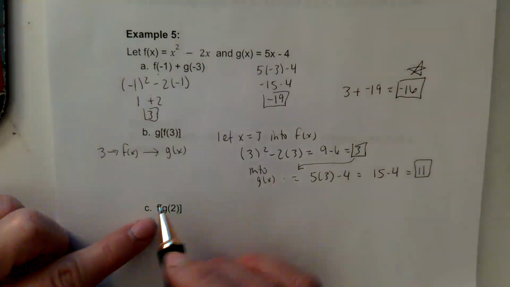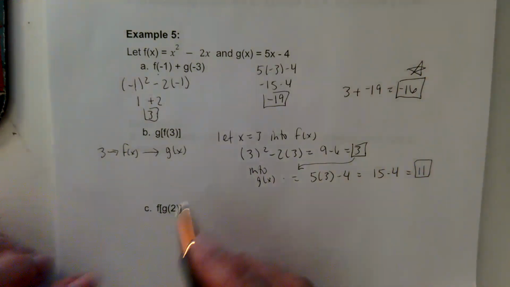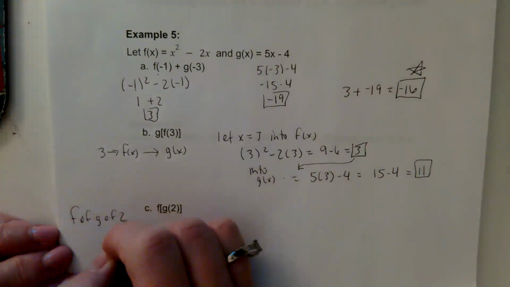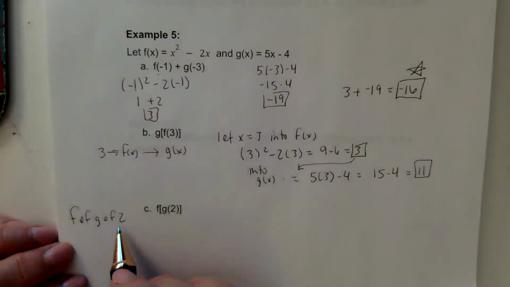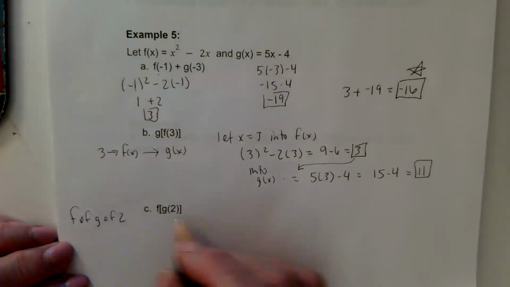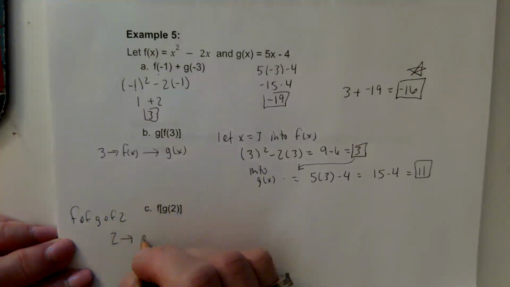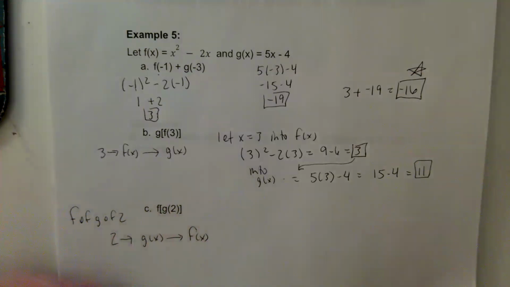This time, it's f of g of 2. So let's write that out. F of g of 2. We read left to right, but we actually put them in right to left. So 2 goes into g of x, which will go into f of x. That's how that works.